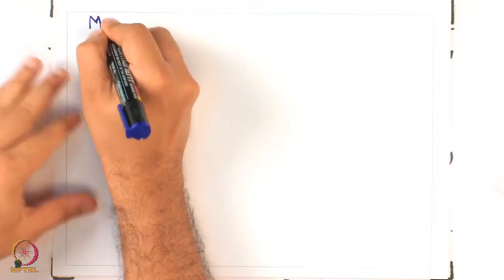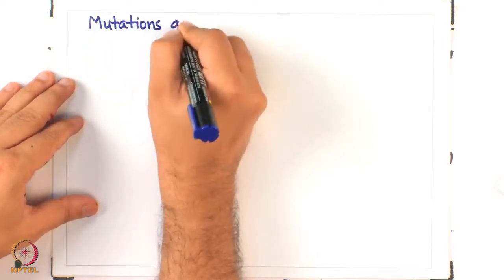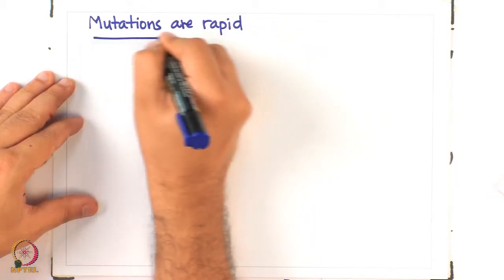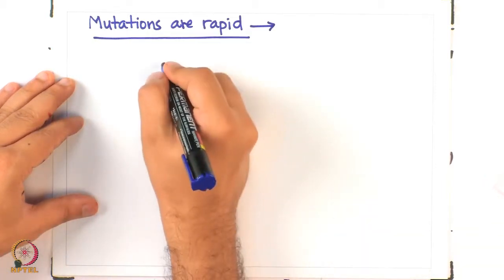So, now we are interested in a regime where mutations are rapid. What is this going to look like?